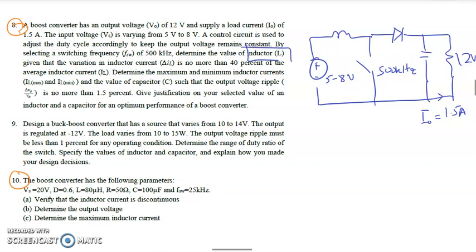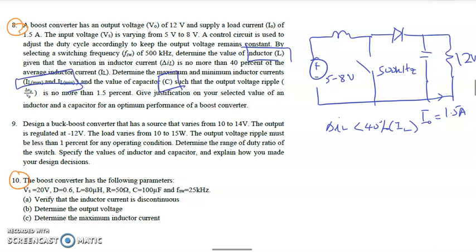So what you need to do is find the value of our inductor L, C and the other parameters with this assumption: the variation of inductor current, delta IL, is to be less than 40% of the average inductor current. So we put in the mathematical term: delta IL less than 40% of IL.